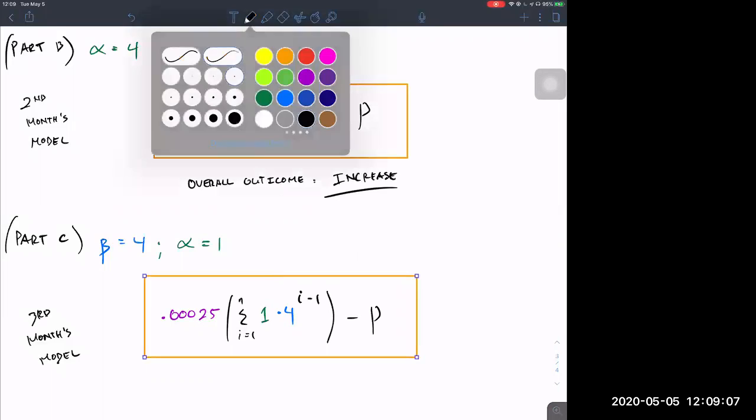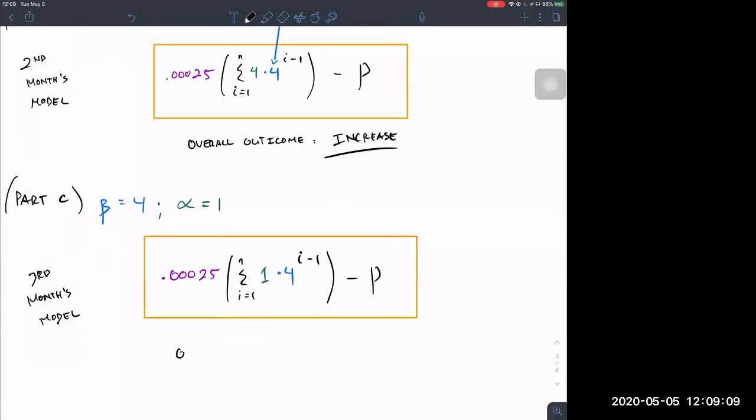And for this one, the overall outcome is actually a decrease because it's obvious. How do you know it's obvious? Outcome. I just spelled outcome incorrectly in the last one. Let me fix that. Outcome.